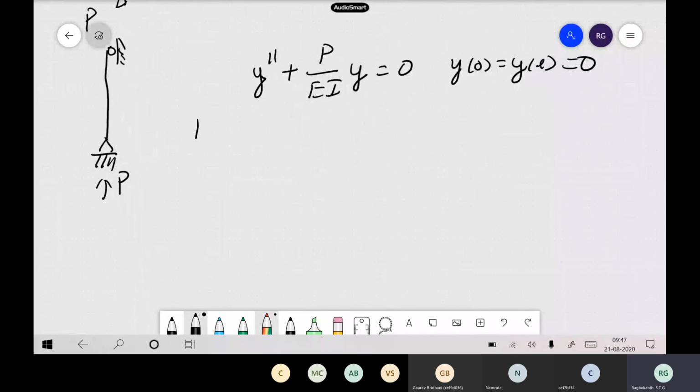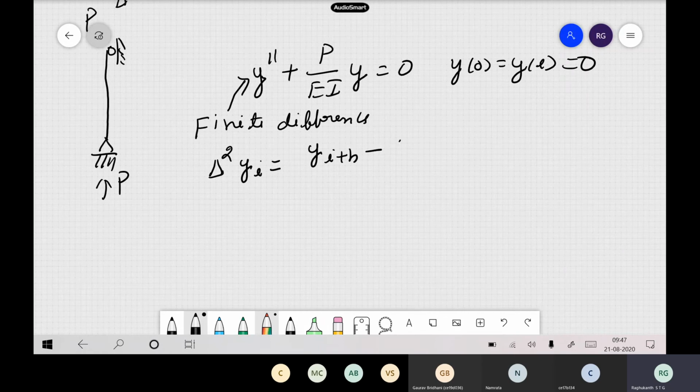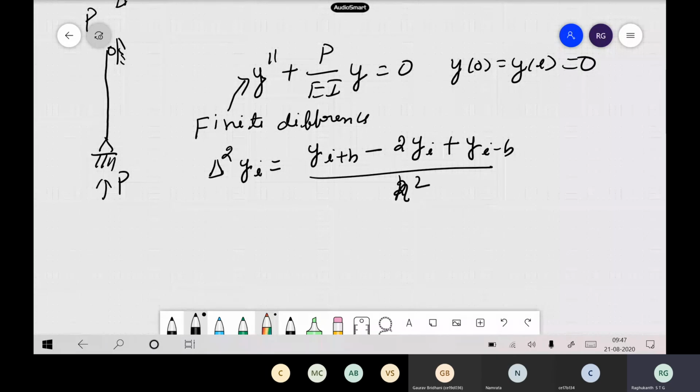Now in finite difference, what we do is approximate this y double dash, the del square yi. We write this as y of i plus h minus 2 times yi plus y of i minus h, divided by h square.